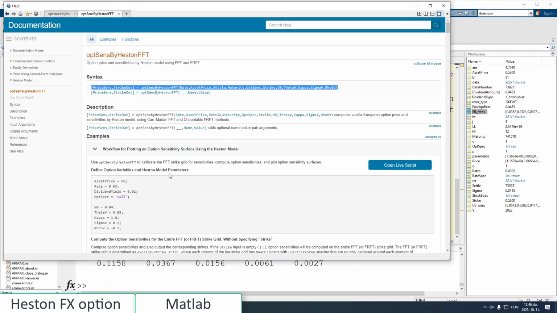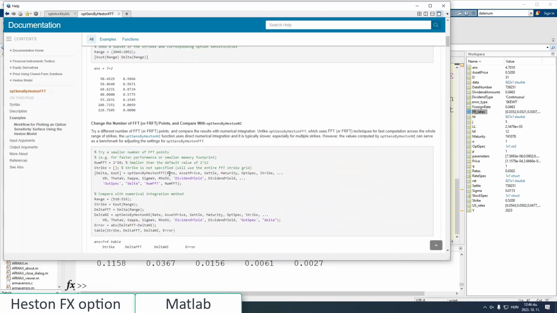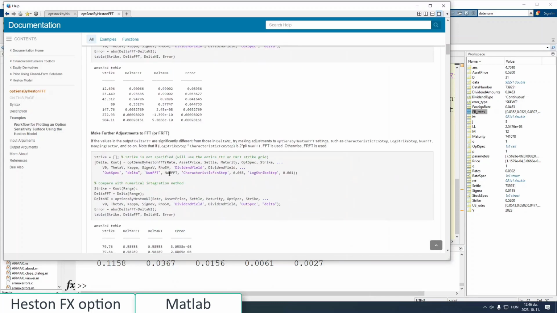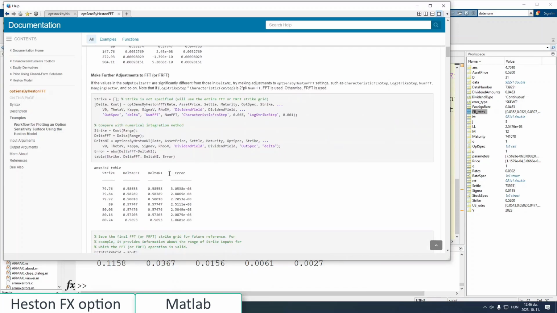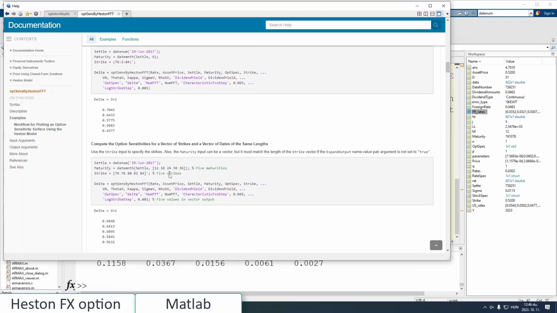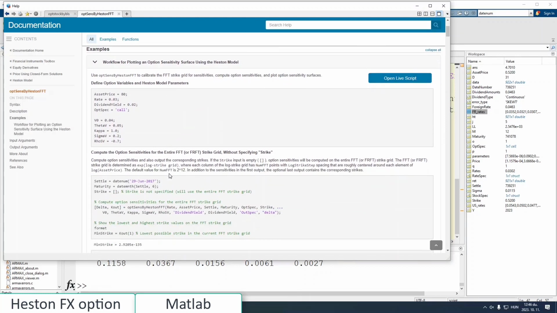We should have even more, because somewhere it was also giving us the dividend yield.